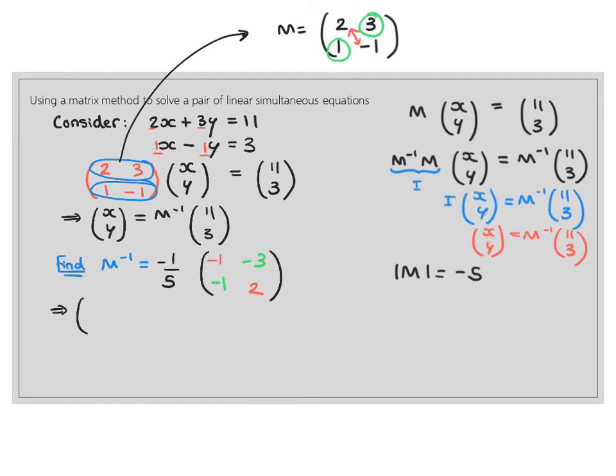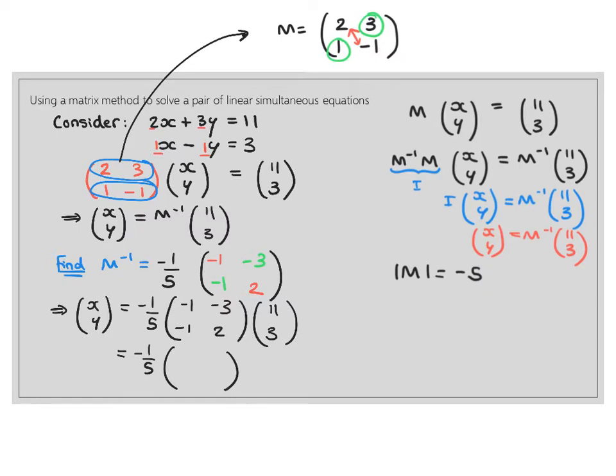So this then tells me that xy is equal to negative 1/5, negative 1, negative 3, negative 1, 2, pre-multiplying 11, 3. So let's do the multiplication, see what happens. So what do I start with? I start with negative 1 and negative 3 and 11, 3. So that's negative 1 times 11, negative 11, plus negative 3 multiplied by 3, which is negative 9, which gives me negative 20 here.